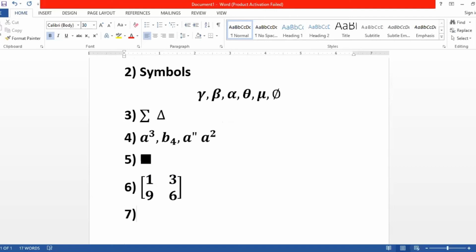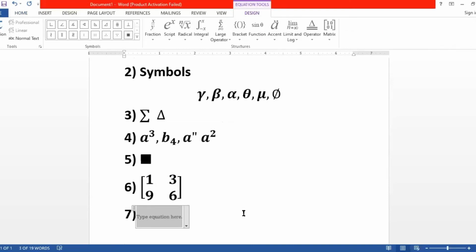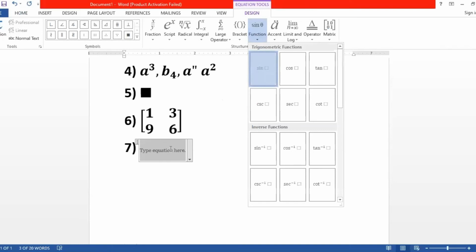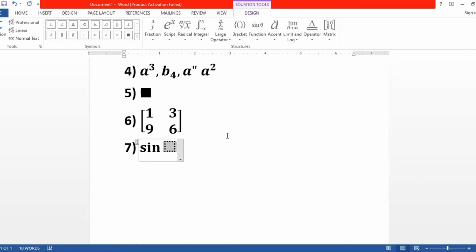Now next we see, suppose we want a trigonometric function, then again the standard trigonometric functions are available. See the upper side, there is a function. In that function, sine, cos, tan, all the trigonometric functions are available. So you can click on those symbols and then a particular angle.